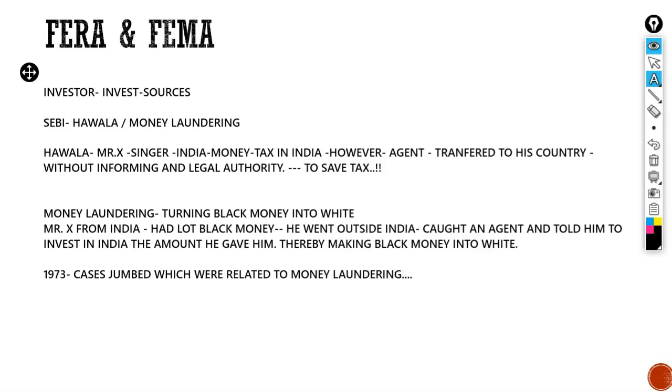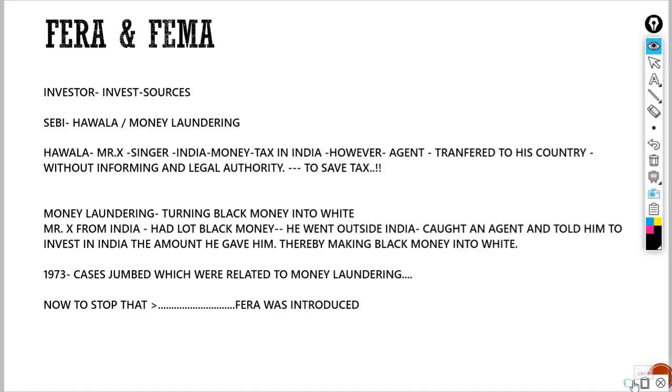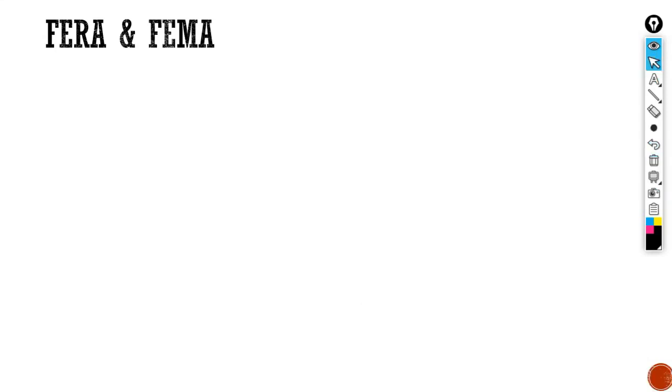Now, to stop that, FERA was introduced. Okay, so because of the increase in money laundering in the year 1973, the government opted to introduce a new act called FERA.